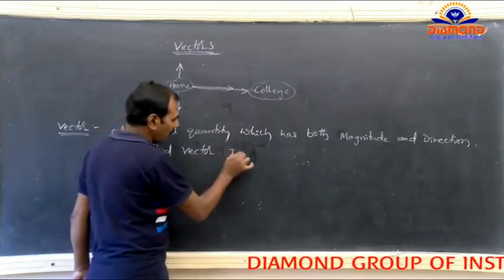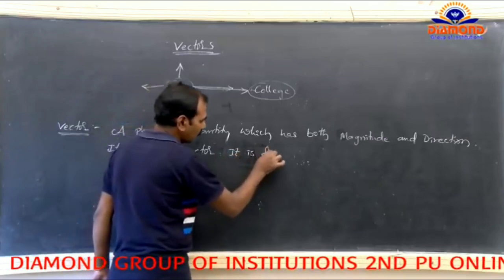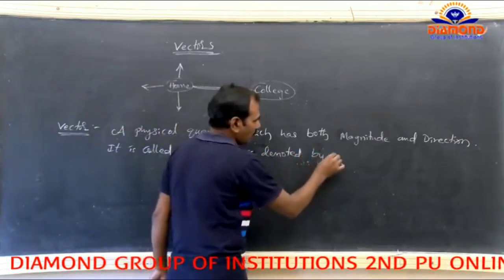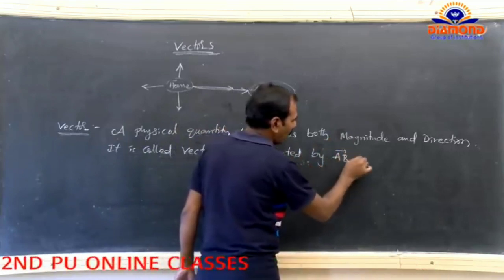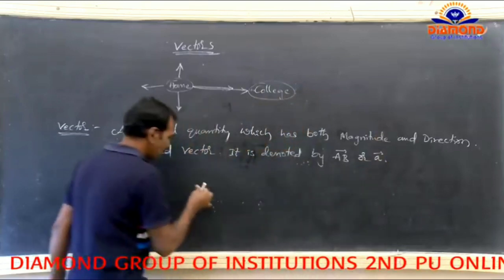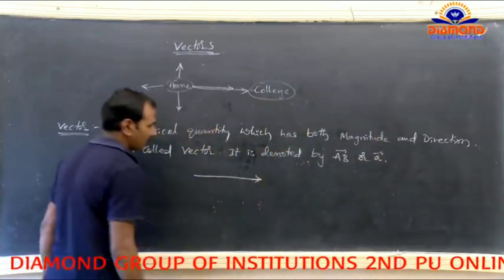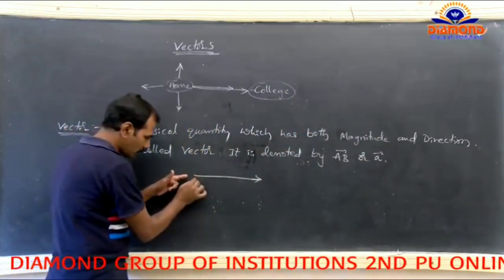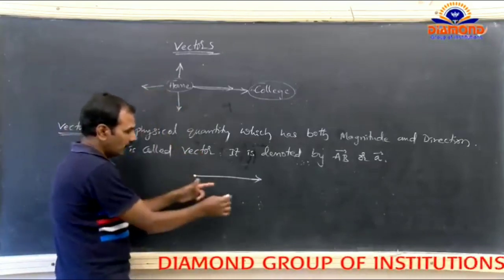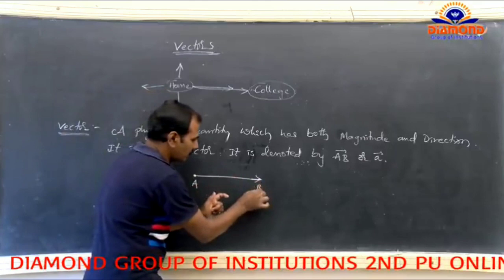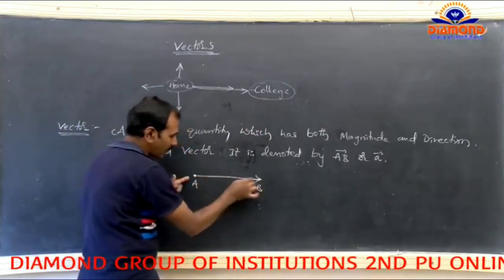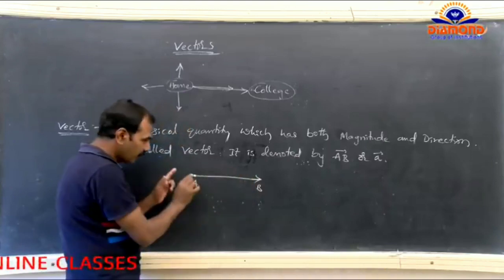It is denoted by AB or A. So this is a vector symbolically. The initial point means your home, the terminal point means your college. So from the initial point to the terminal point, this is a vector.